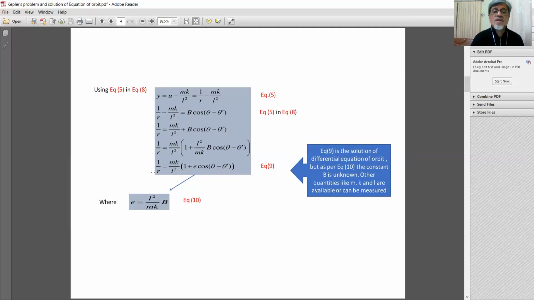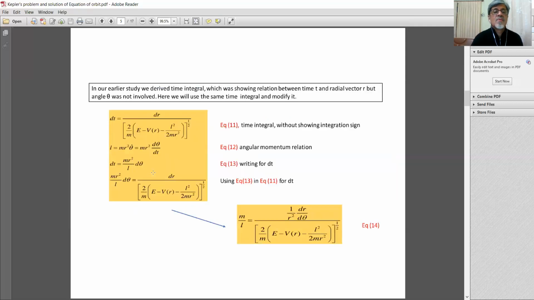Now let us come to the integral equation of the orbit. In our earlier study we derived the time integral, which shows the relation between t and radial vector r. But in that case, the angle theta was not involved.